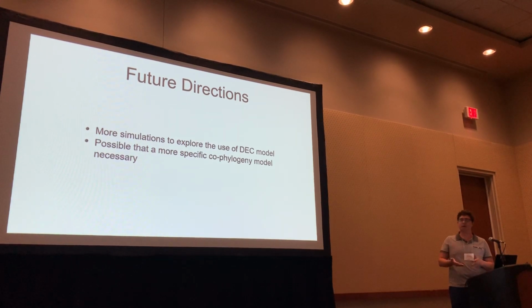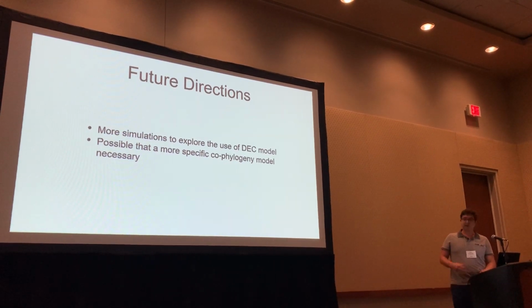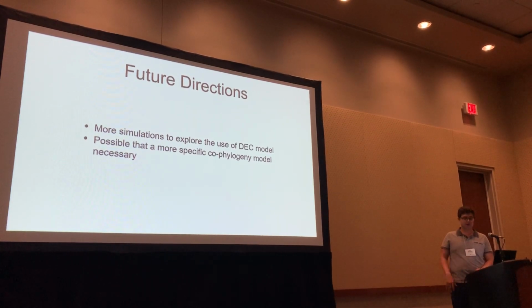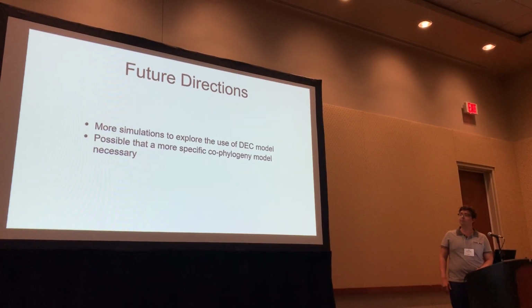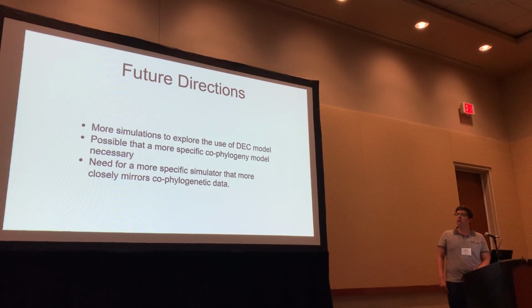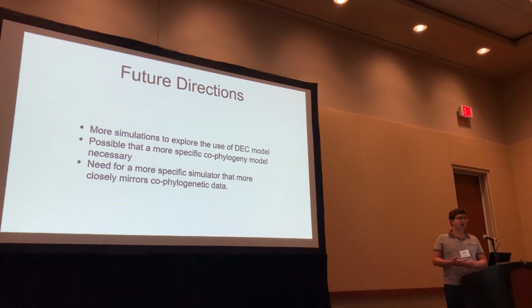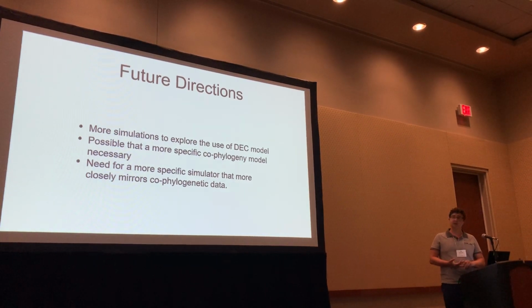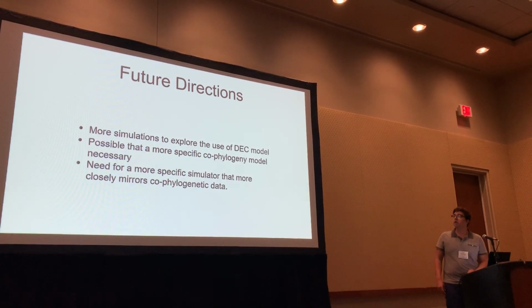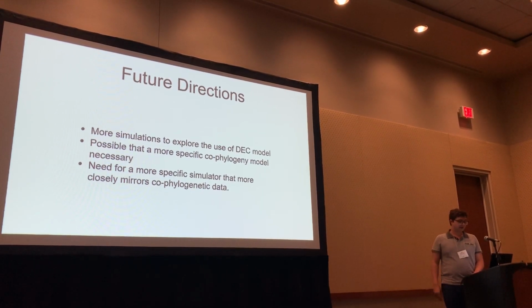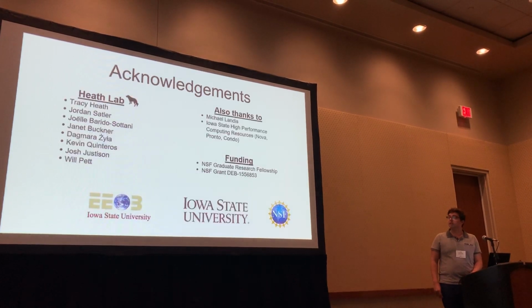It's a similar scenario, similar type of application of a historical biogeography model, and might be closer to what might work. We also, I think, need a more specific simulator that more closely matches what's going on than the simulator that I currently have developed. So extending my simulator to more closely mirror what's going on, I think, is a good direction to take this.